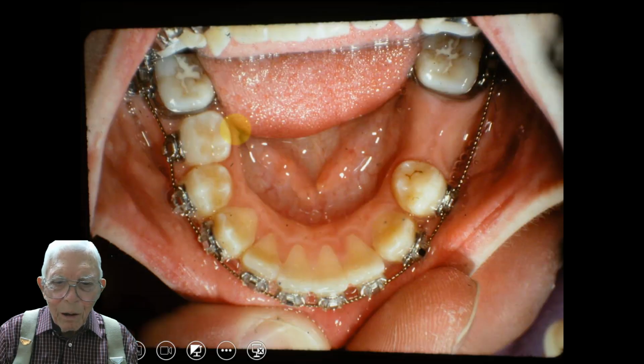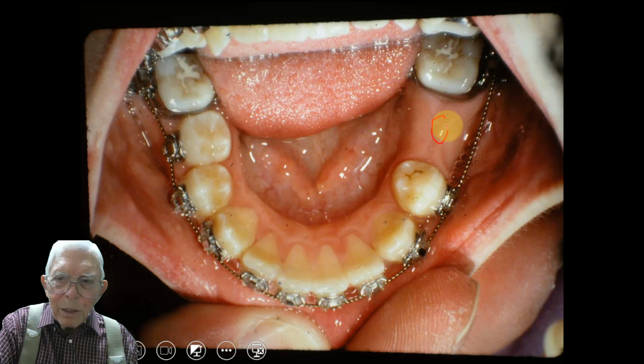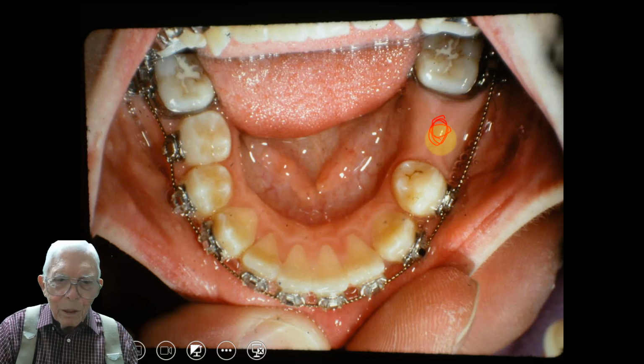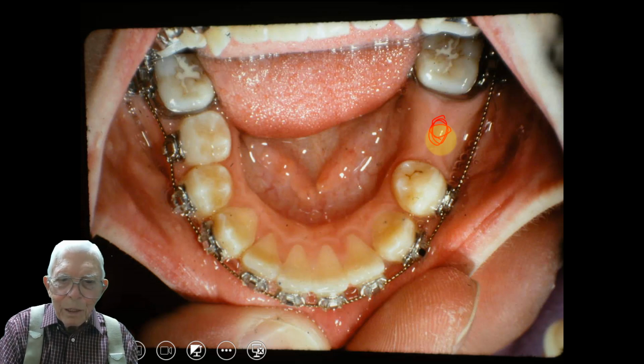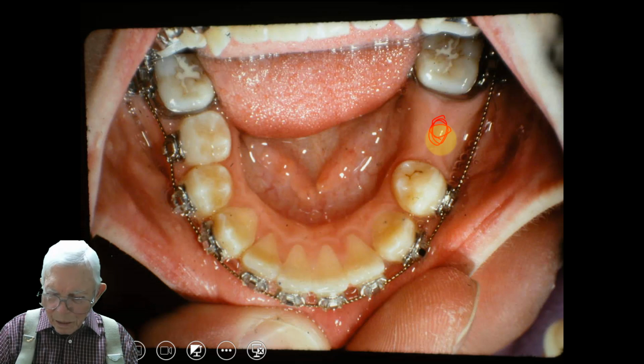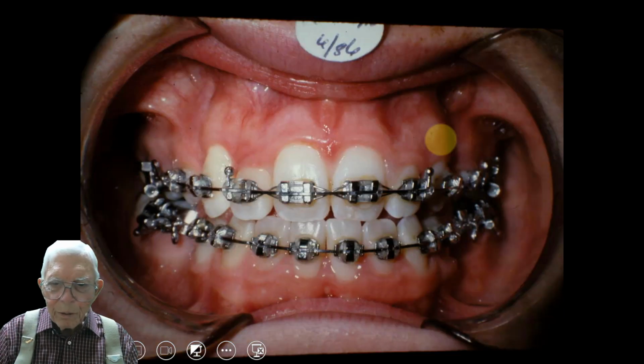Now, all right, down on the bottom, this is the tooth that didn't come in. It just wouldn't come in, so we go in and take out the bicuspids, and I think we ended up taking them out on both sides. We did, and we bring this back, and now we get the midline lined up.